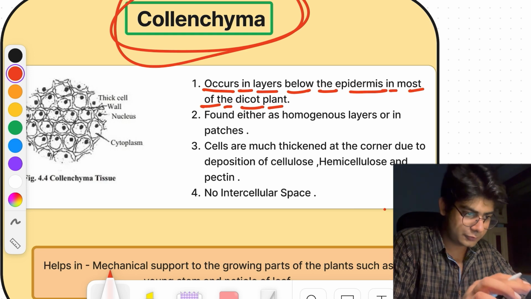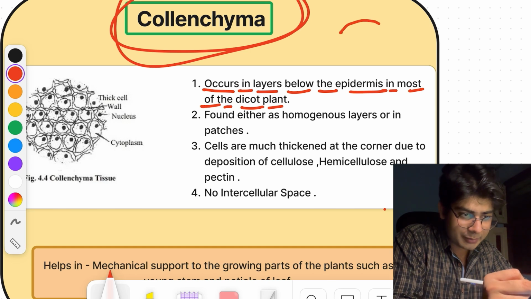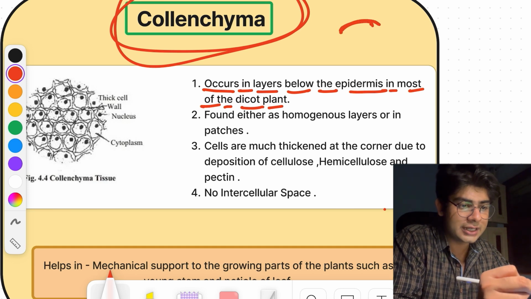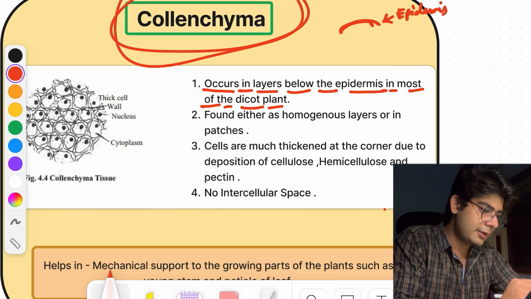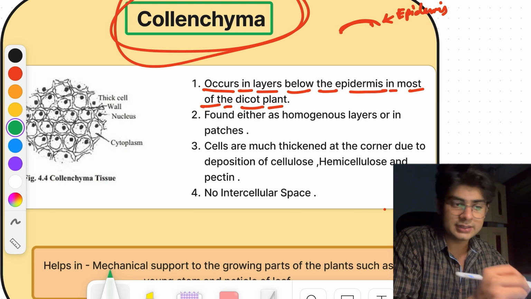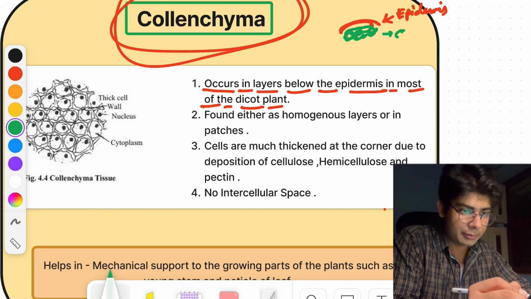But for your information, if this is epidermis, let's suppose this is epidermis, so the collenchymatous cells will be present just below the epidermis. This will be the layer of collenchyma in most of the dicotyledonous plants.